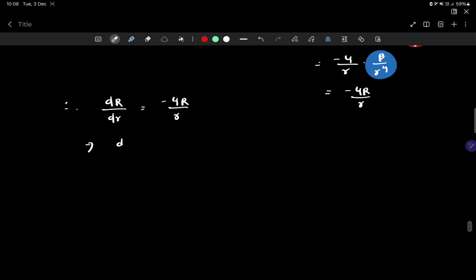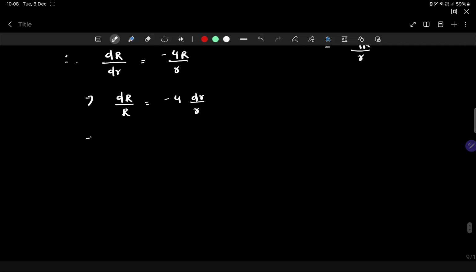So arrange again. d capital R by capital R is equal to minus 4 into d small r by r. Then we can write d capital R by capital R into 100%, that is equal to minus 4 into d small r by r into 100%.